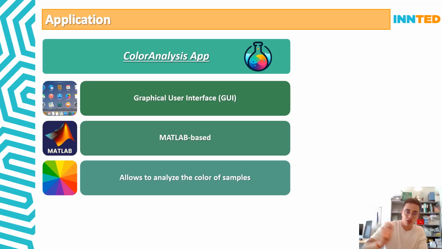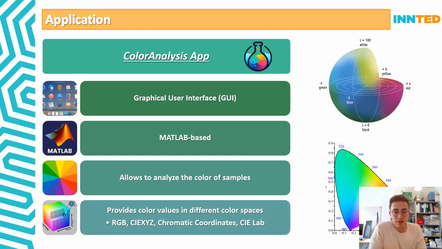We take an image of the sample and we can then extract the colors. As the output of this protocol, we get not only the RGB parameters, but also some others like XYZ, chromatic coordinates, or CIELAB color spaces.